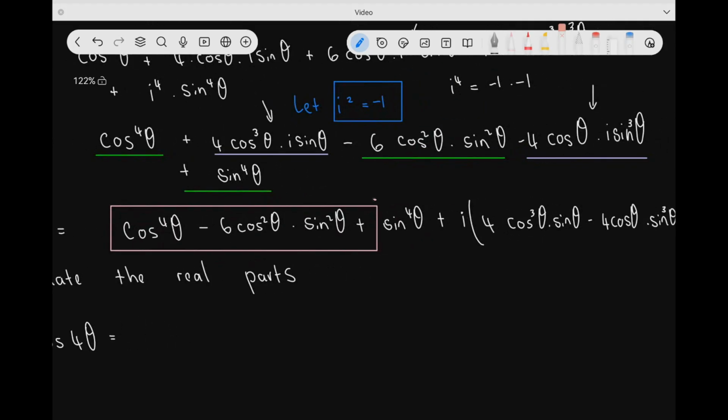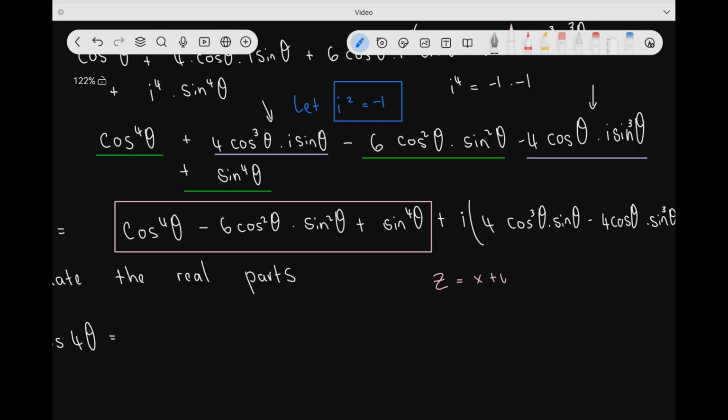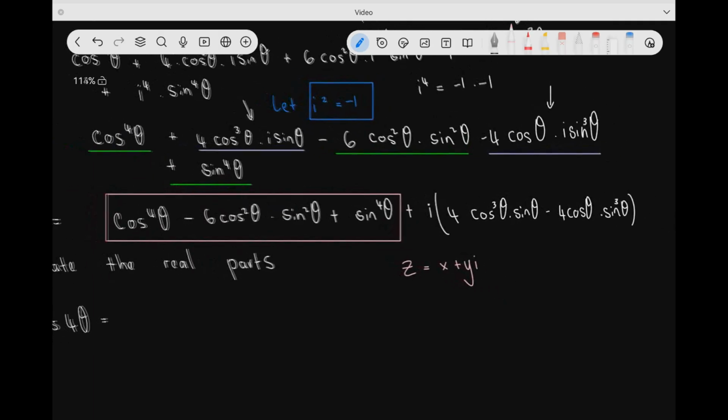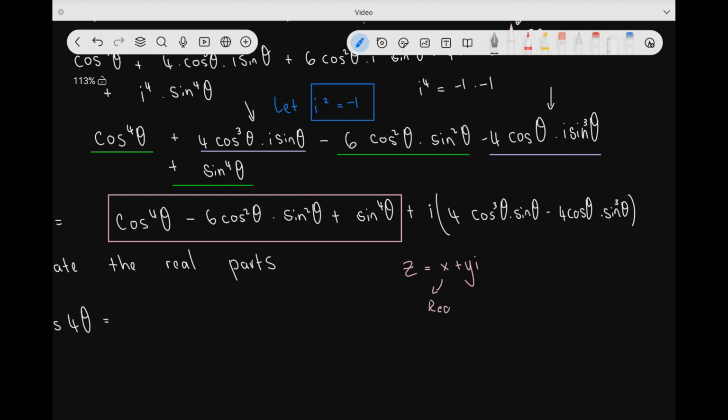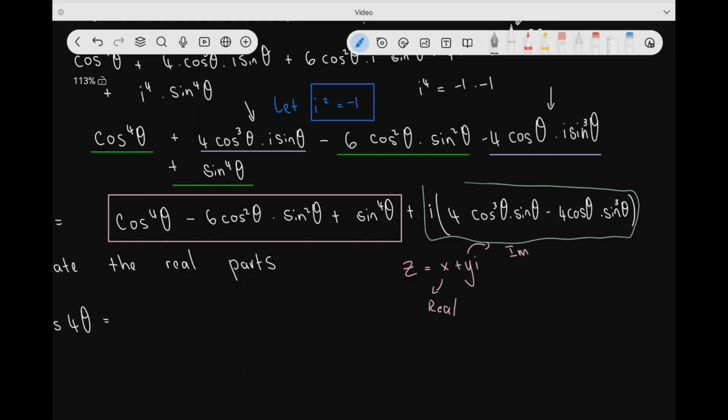Well, if I think about z equal to x plus yi, I can see that my real part has no imaginary component, and then I can see my y, the imaginary part, has some component to it. Although both of them are real numbers, I can clearly see that the second part of the equation has some i. I belongs to both this expression and this expression. So that is my imaginary part.